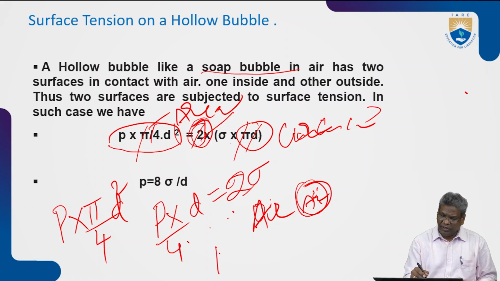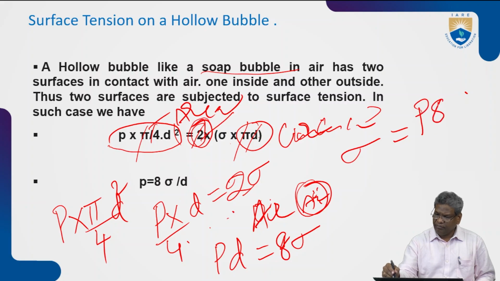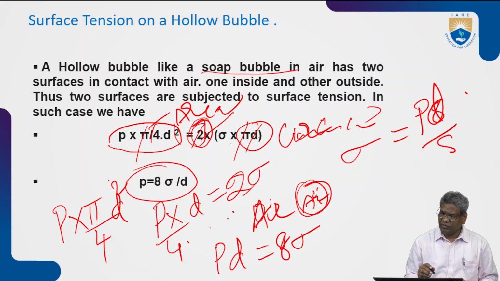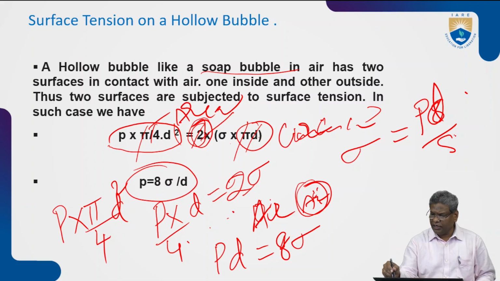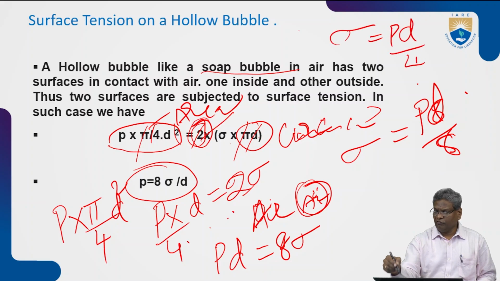Now PD is equal to 8 sigma, or otherwise sigma equal to PD by 8. So we wrote P equal to 8 sigma by d, or otherwise sigma equal to PD by 8. So what we observed, in the case of liquid droplet, we can write sigma equal to PD by 4.